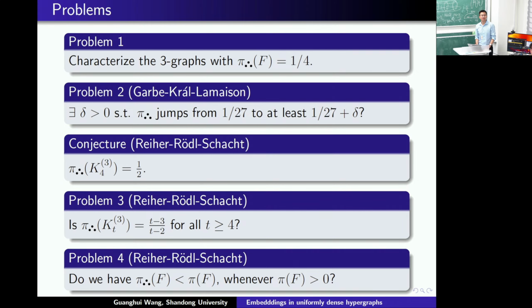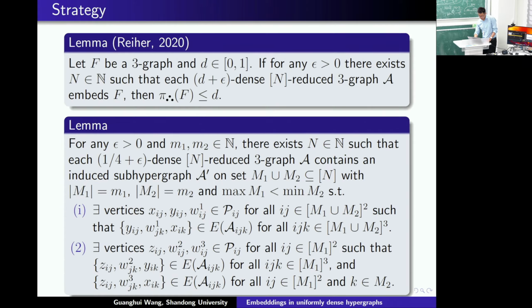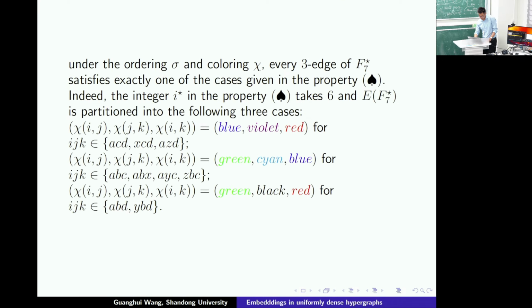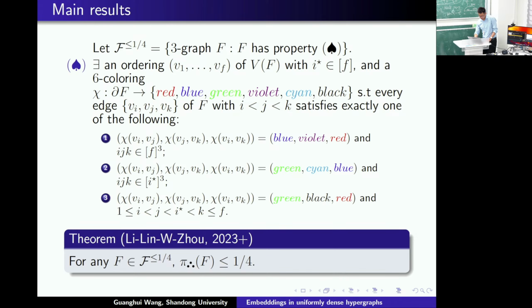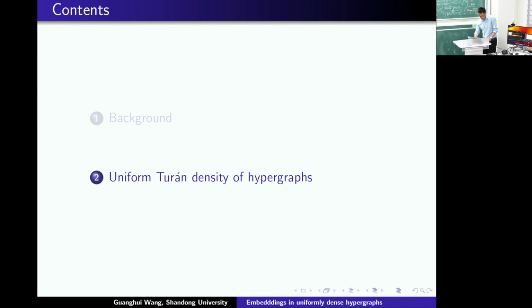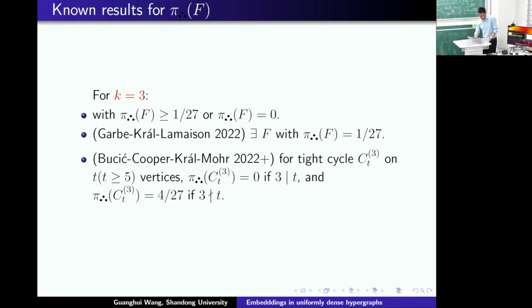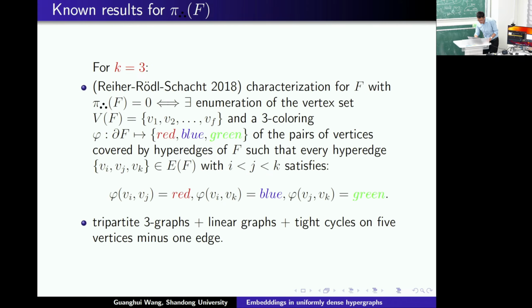You showed the result at the beginning of Kamčev, Letzter and Pokrovskiy about the tight cycles. And you said that they settled it for the case when it is not divisible by 3. Do you know why it is important and what happens when it is?